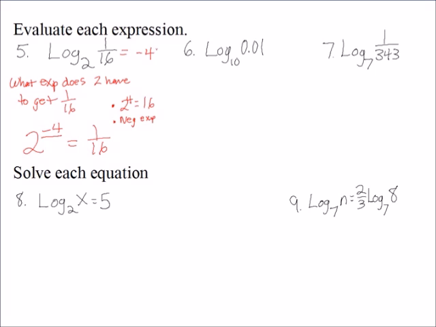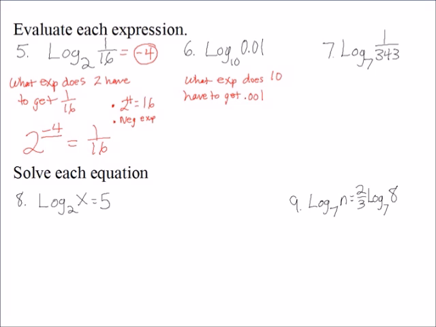Okay? This one right here, what exponent does 10 have to get 0.001? Now that didn't look right. So it's not 0.001.